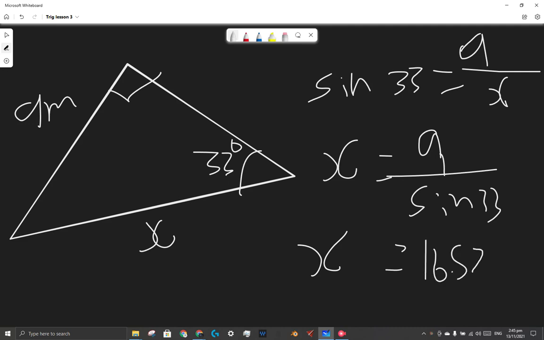And if you got 16.525 meters, then well done. Now I'm just going to put up one more problem, and if you can solve that, then you've really basically gotten trigonometry, the trigonometric functions part 2.